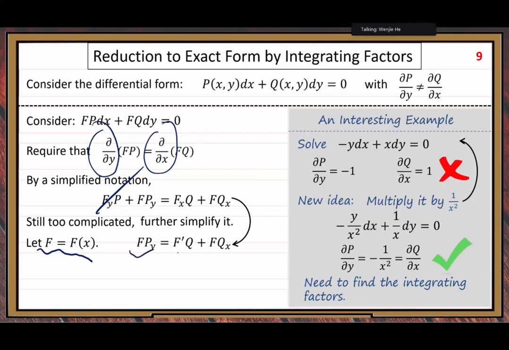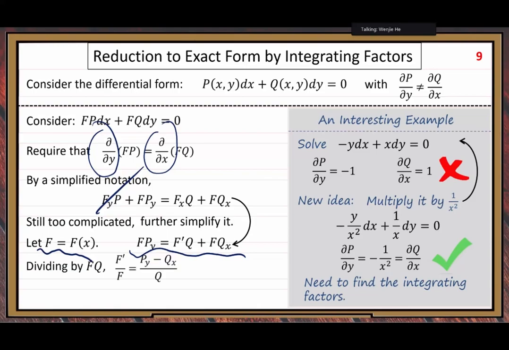So we get this simpler form: F times p sub y equals f prime times q plus f times q sub x. F we can combine.